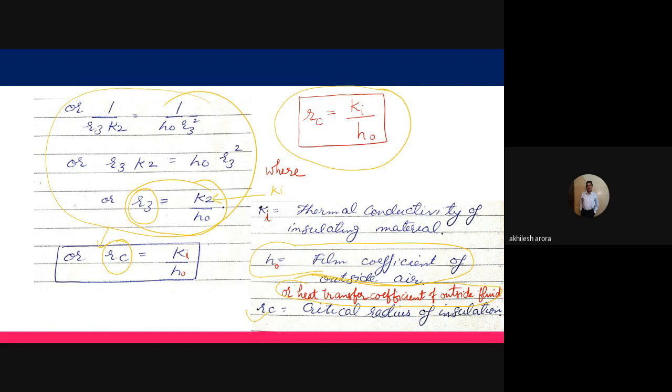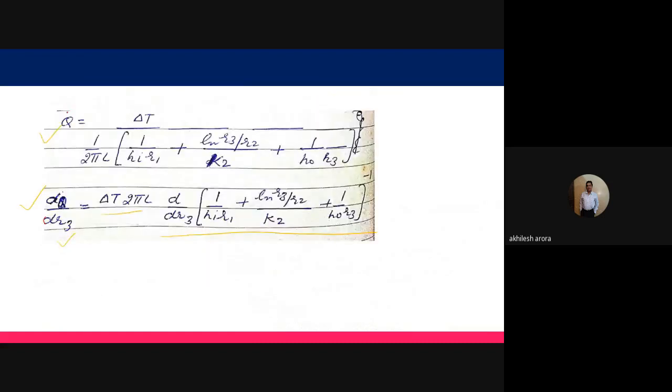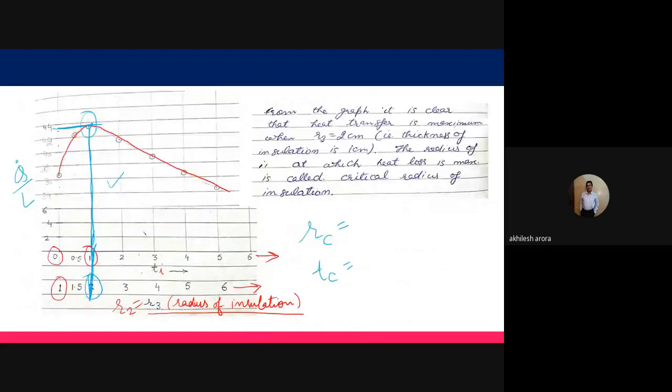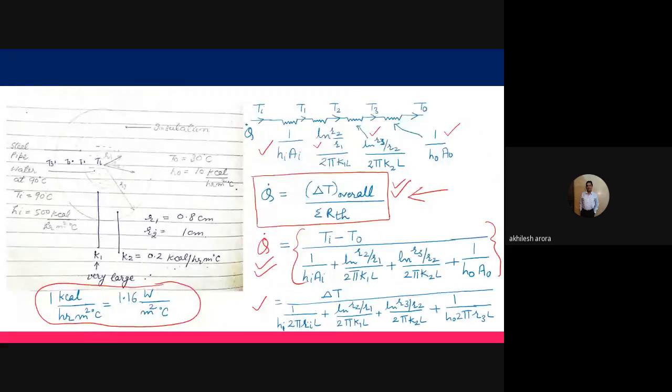Now you can also calculate this value for the previous case using the thermal conductivity of the insulation and the outside heat transfer coefficient, and find the exact value of the critical radius. The thermal conductivity of the insulation, Ki, is 0.2, and the outside heat transfer coefficient is 10.